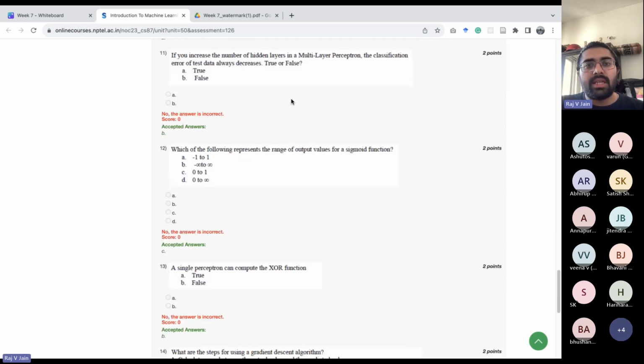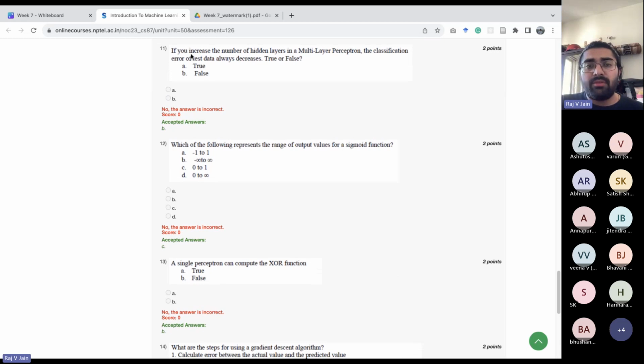Then question number 11. If you increase the number of hidden layers in the multi-layer perceptron, the classification error of test data always decreases. True or false? Any thoughts? We just discussed this a while ago. Why is it false? Because it does not always decrease.